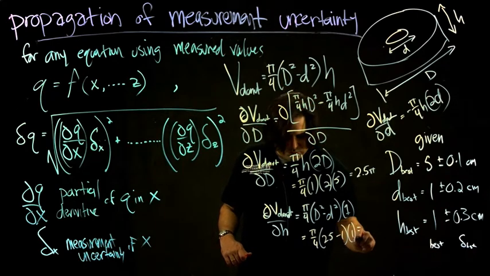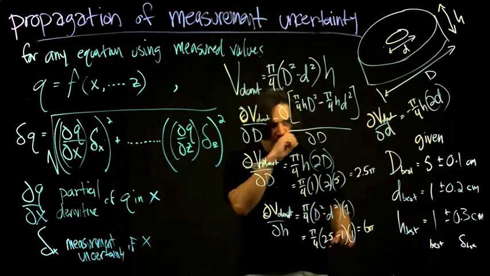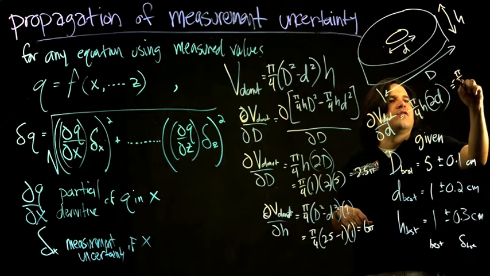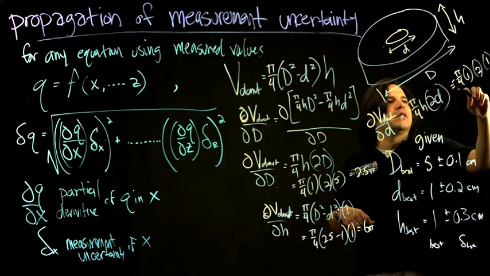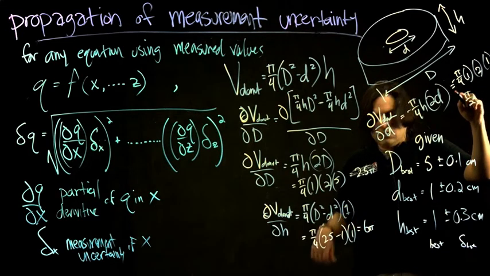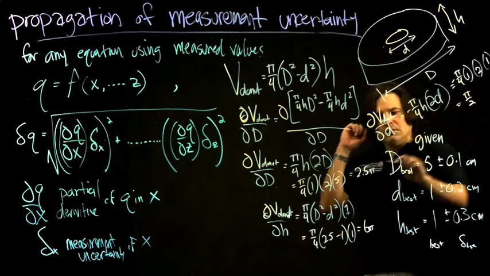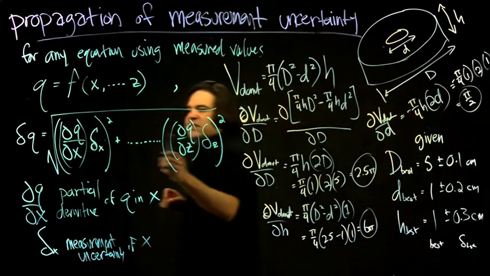So that equals 6 pi. Here, you plug in the numbers. It's negative pi over 4 times 1 times 2 times 1. That gives you pi over 2. So those are the numbers that we're going to plug into each of these sections.